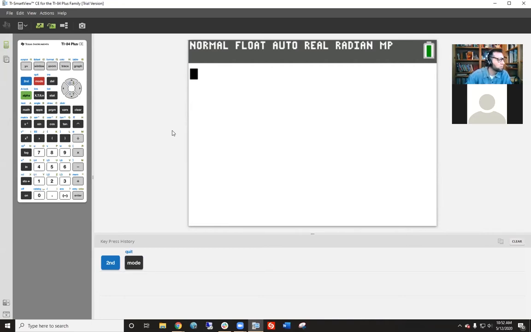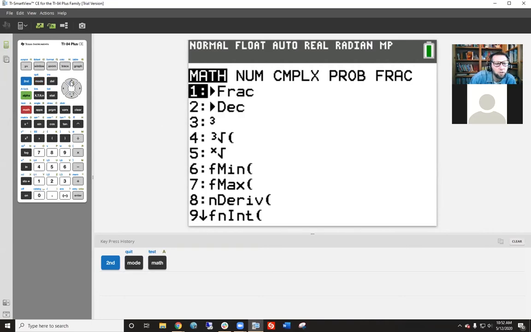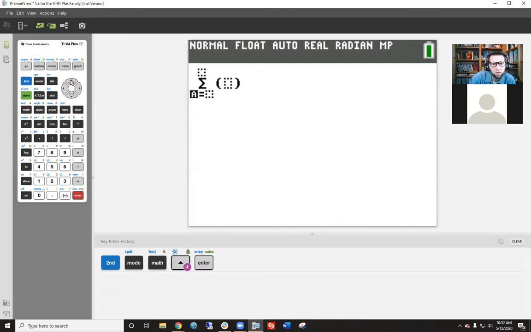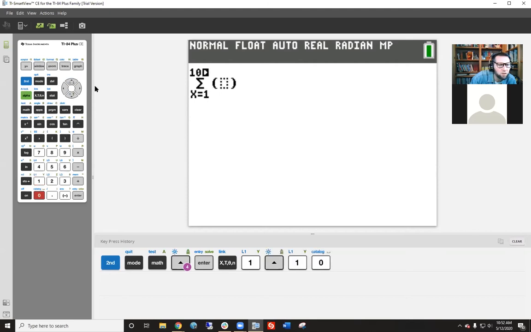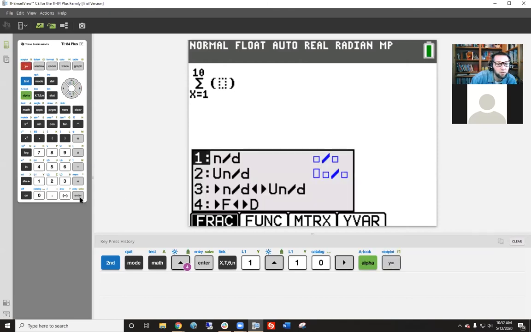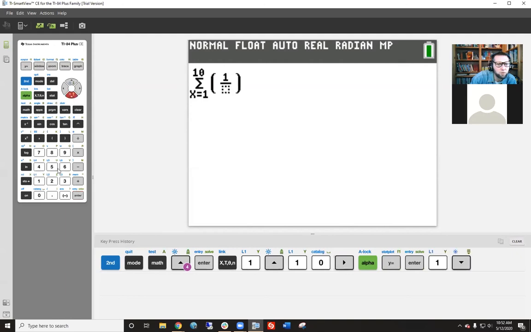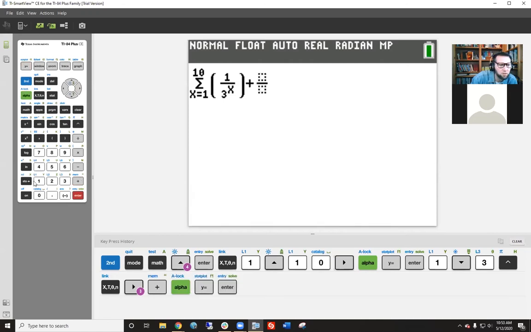So I want to enter the sum from x equals 1 to 10, plus... I'm not working through it, I'm just trusting your work at the moment. 1 over ln 3.